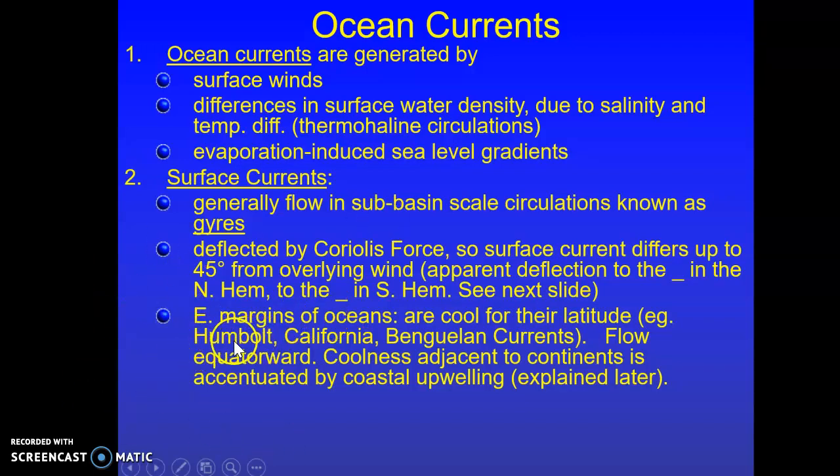Much of the west coast of South America is dominated almost all by the Humboldt Current, and the California Current is what we have here in the western United States. Some people would say, oh, California Current is the whole circulation from BC on down. I won't argue with that. But the point is, it comes from the north coast towards the equator. And then the Benguela Current of South Africa on their west coast is yet a third example. There's also a lighter one in Australia. Anyway, so those are cool for their latitude.